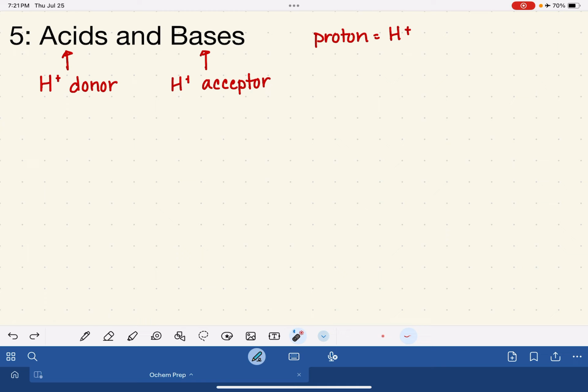The term proton also gives rise to a couple other terms. Deprotonation is the term that we use to describe the process of removing a proton or removing a hydrogen ion from a molecule. So we might say, in this chemical reaction, this acid is being deprotonated, which simply means that its hydrogen ion is being removed.